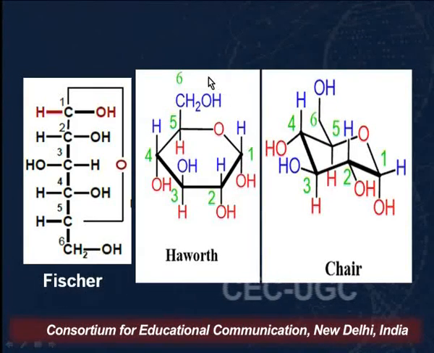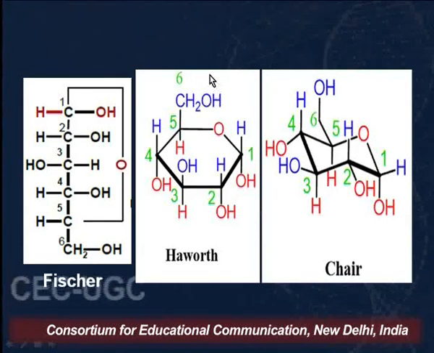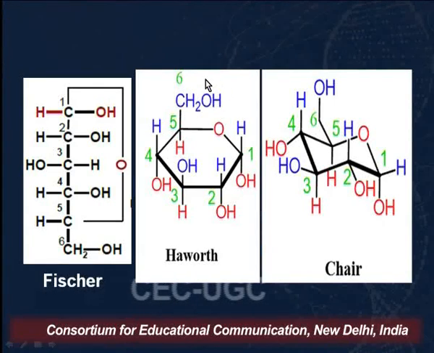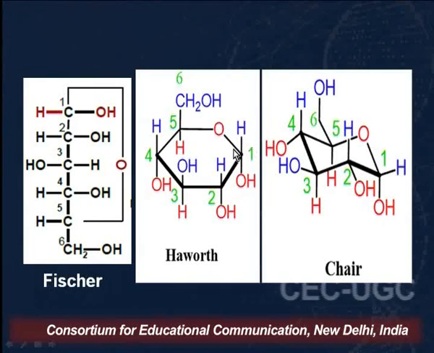This CH2OH group, since it is on the top of the ring, indicates that the original molecule has D configuration, and the CH2OH and the OH at the first carbon are trans in Haworth projection.